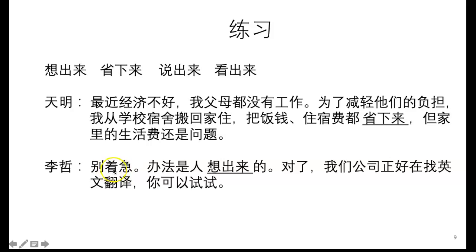Okay, now 我们看第二个. This is very similar to the example we gave earlier. 好，想出来，办法. So after spending some time, you find out a solution. You came up with a solution.